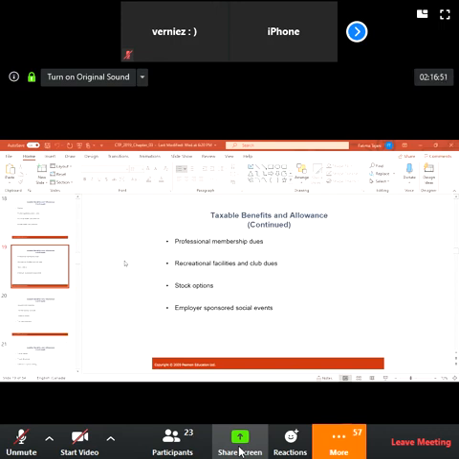Recreational facilities and club dues. The use of a recreational facility or club is a taxable benefit for the employee in certain situations, like when the employer reimburses or subsidizes the cost of a membership at a recreational facility, such as an exercise room, swimming pool, or gymnasium, for the personal benefit of the employee.